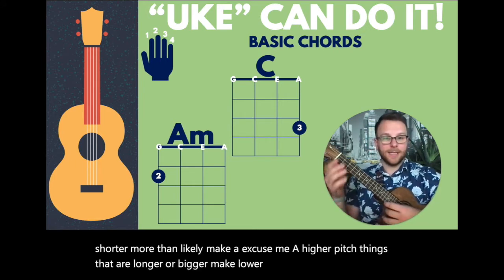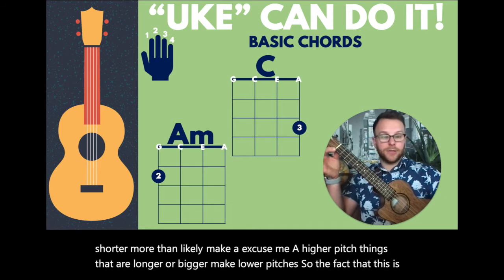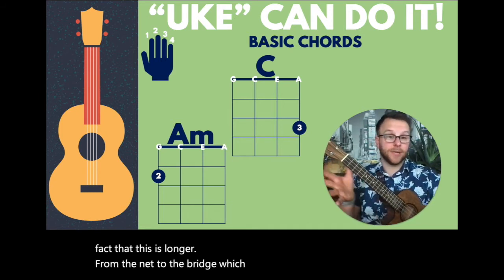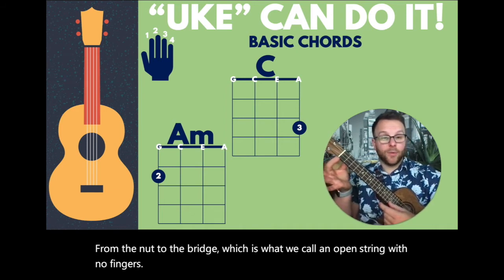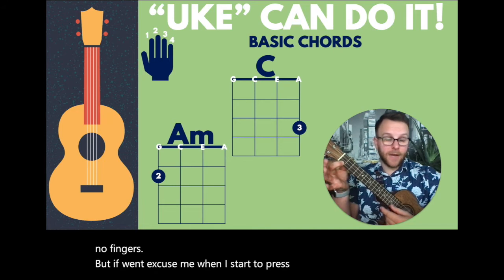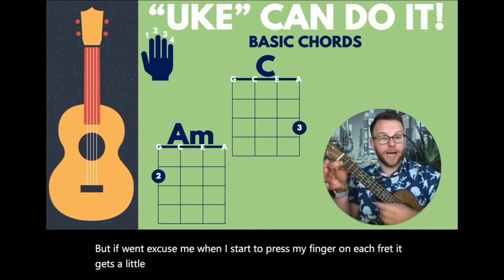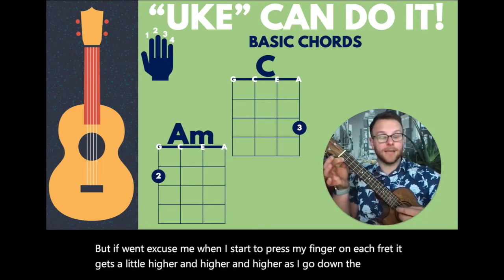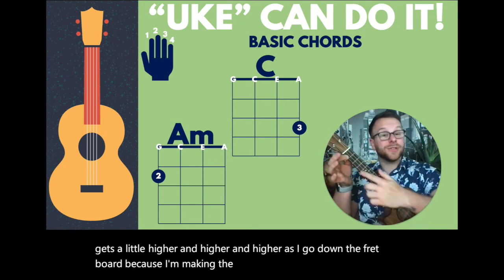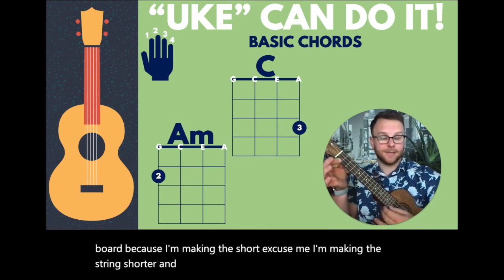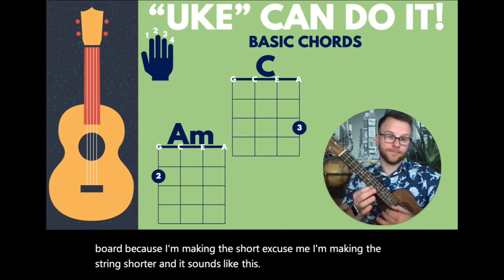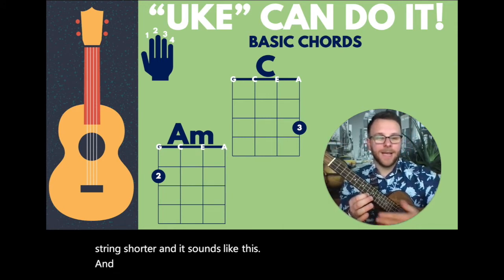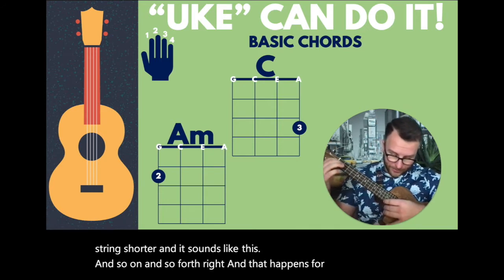So the fact that this is longer from the nut to the bridge, which is what we call an open string with no fingers, but when I start to press my finger on each fret, it gets a little higher and higher and higher as I go down the fretboard, because I'm making the string shorter, and it sounds like this. And so on and so forth, right? And that happens for every string that you could play on the ukulele.